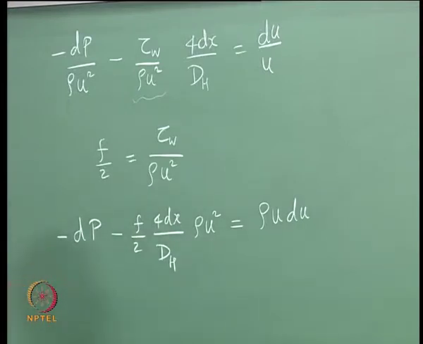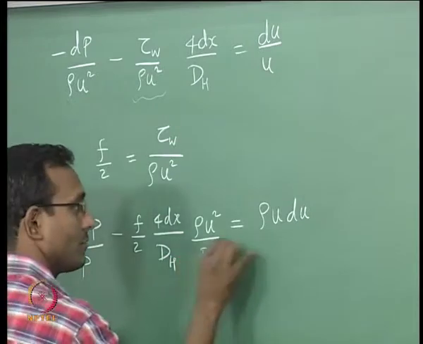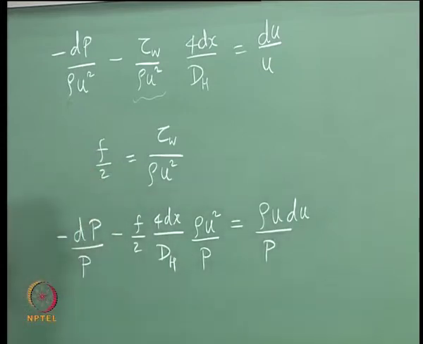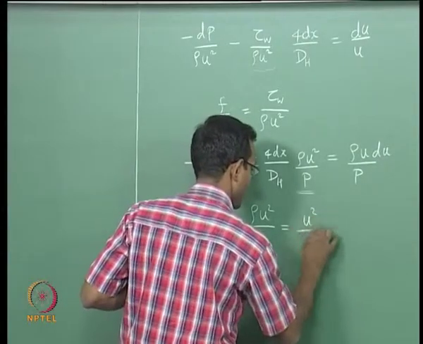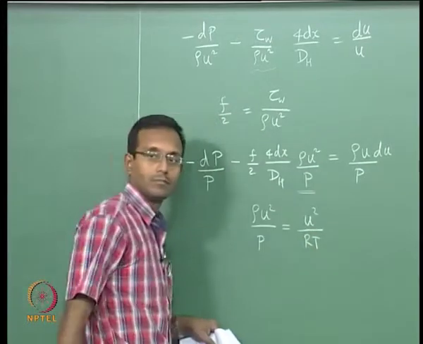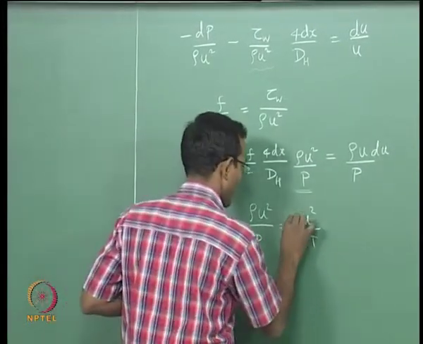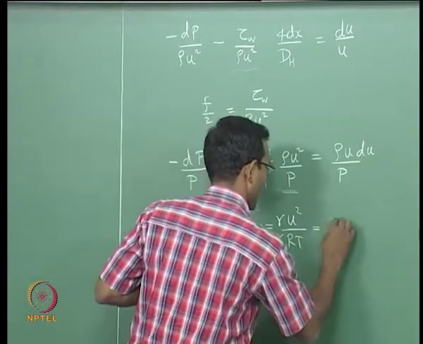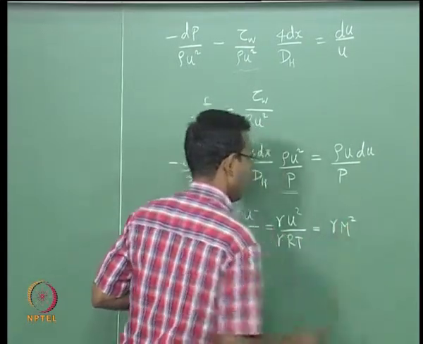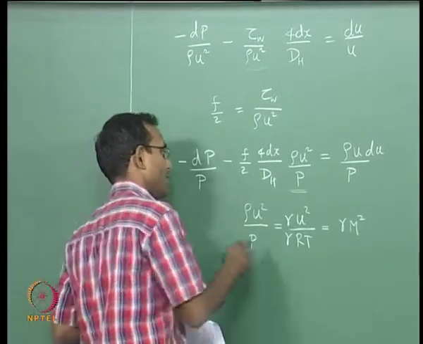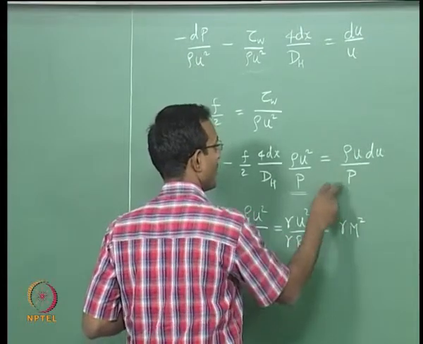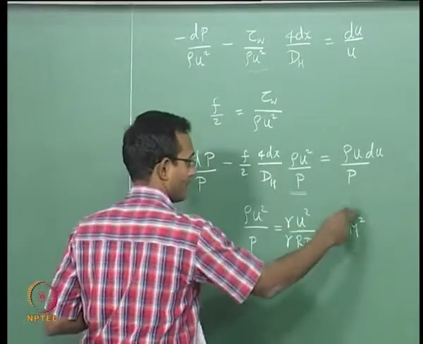Now I will divide this whole expression by p so that I get a dp by p here. Now I have this term rho u square by p, which can be written as u square by RT, since p equals rho RT. So I can now multiply and divide by gamma, so I am going to get gamma M square here. This is an age-old derivation, you should have done this so many times in gas dynamics anyway. Now the only difference in this particular term is rho u by p, which is equivalent to gamma M square by u.